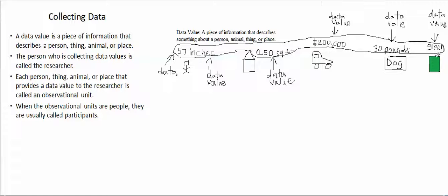And if I looked at this piece of paper and I recorded that the paper is green, then green is the data value, and the piece of paper is the observational unit. So the observational units are just the people, animals, things, or places that are being studied or being measured.